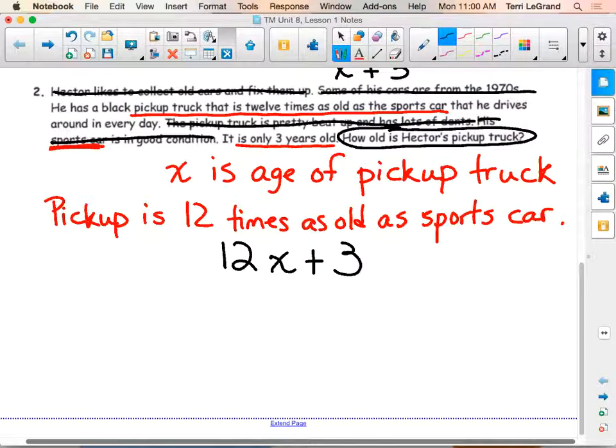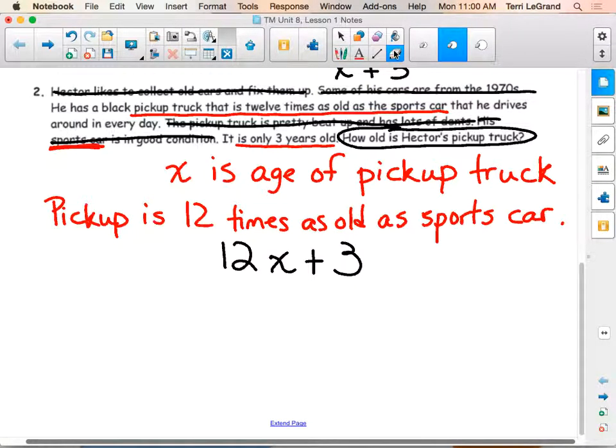So let's see if we stick an equal sign there, if those words would replace. 12 times as old as the sports car. So 12 times, so is X the age of the sports car? 12 times as old as the sports car. Is X the age of the sports car? No. That's the age of the pickup truck.